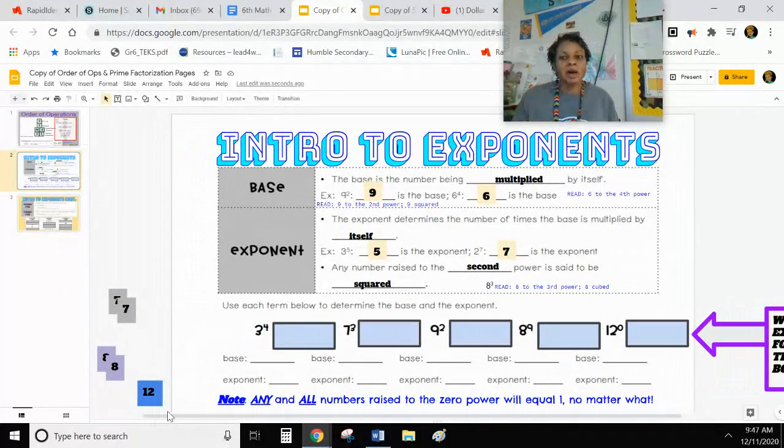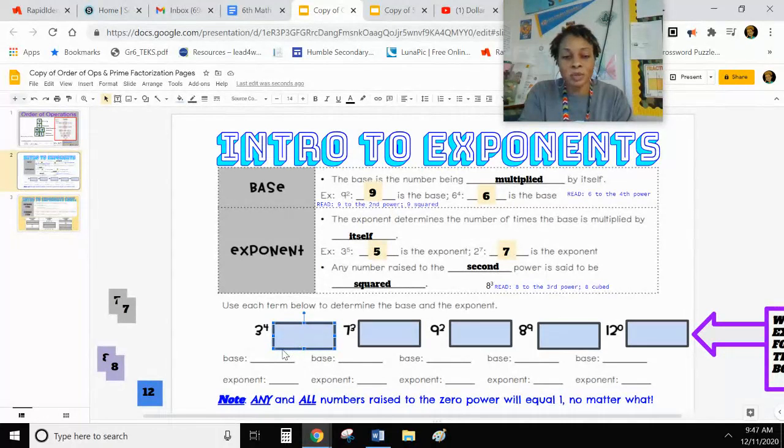So let's really talk about what an exponent is. So we talked about that an exponent has a base, and we talked about that the number on top is called the exponent, and it tells me how many times I'm multiplying that base times itself. So here's an example. In 3 to the 4th power, what does 3 to the 4th power mean? 3 to the 4th power means I'm going to multiply 3 times itself 4 times. Okay, so that's going to be 3 times 3 times 3 times 3.